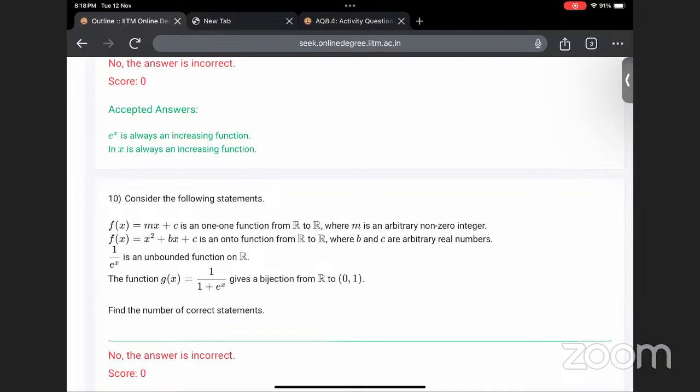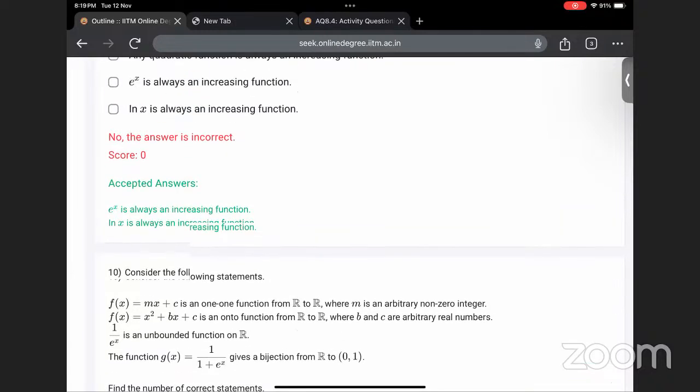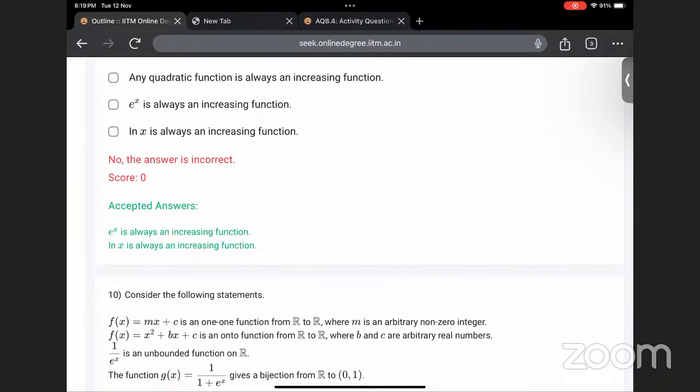So the second function is clearly not onto. And it's not 1-1 either, from the horizontal line test, at the minimum point, right? Yes, clear.